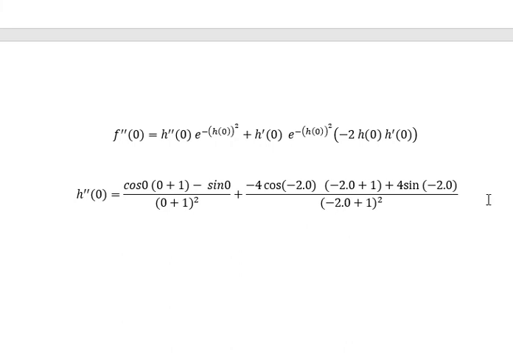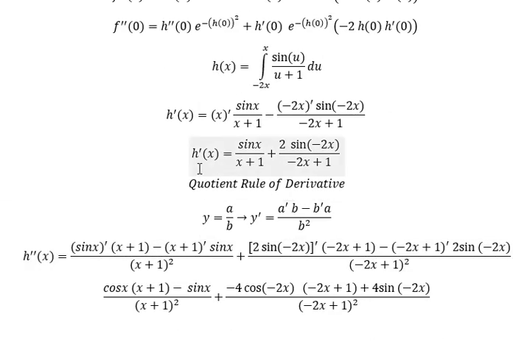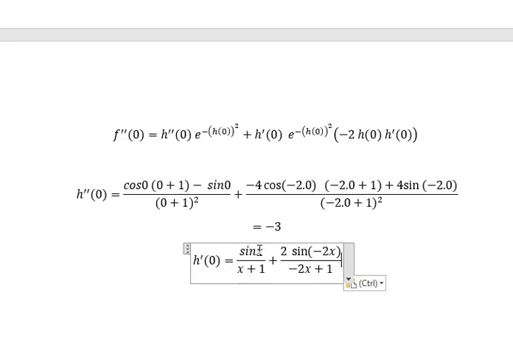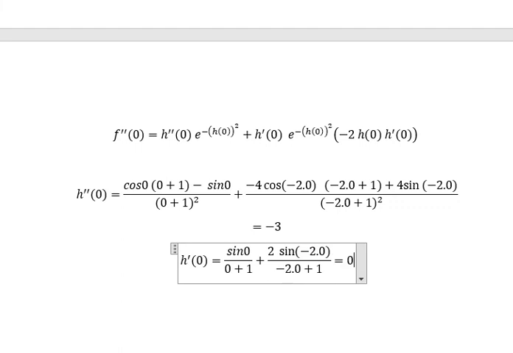You will have negative number 3. Now, the first derivative. So we put number 0 in here. This one you got 0. This one you got 0. So we have number 0 in here.